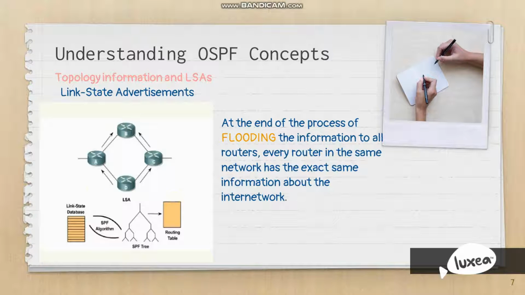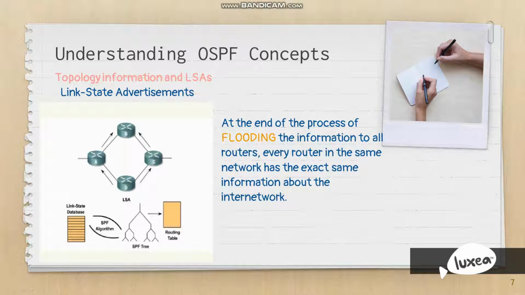Topology information and LSAs. Link state advertisements: link means interface, state means status. They advertise each router's link state database and synchronize. Also, at the end of the process of flooding the information to all routers, every router in the same network has the exact same information about the network.